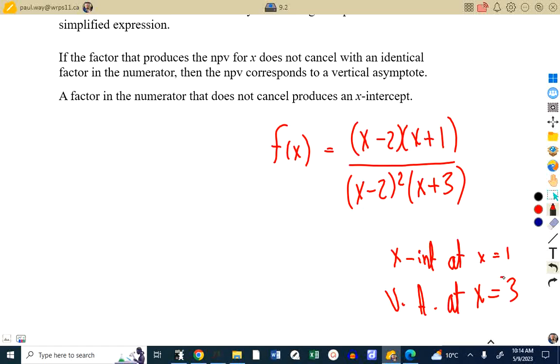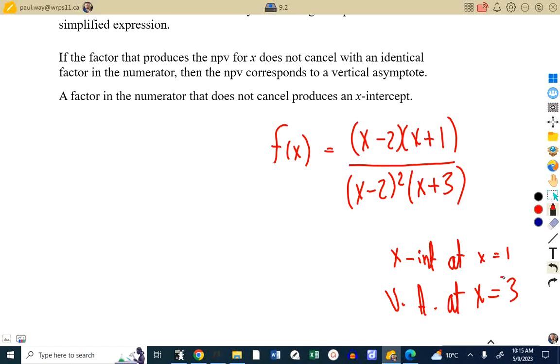No, because it's going to cancel. Will you have a hole at x equals 2? No, you won't. Because when you cancel that x minus 2 on the top with one of these x minus 2's on the bottom, you're still left with an x minus 2 on the bottom. That's what I mean by entirely.